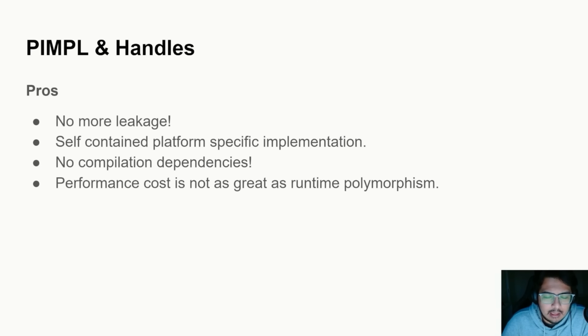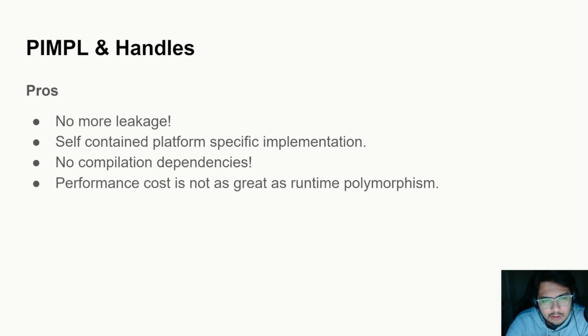Also with Pimpls, all of the implementation is self-contained inside of its own CPP file. And the best thing about Pimpl is that you no longer introduce compilation dependencies because the platform-specific header files are no longer stored inside of the interfaces header file.